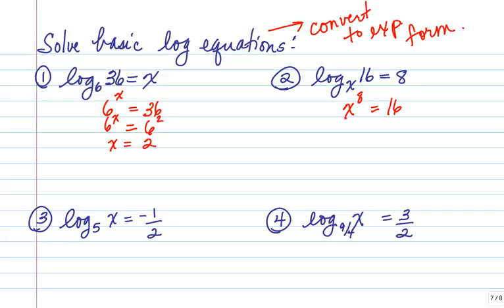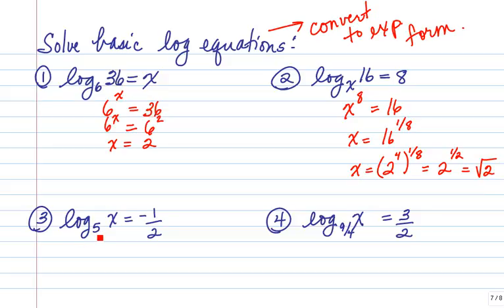So that would be x is equal to 16 to the 1/8 power. And if you want to simplify that a little bit more, you actually can, because 16 is really 2 to the 4, right? And so we can simplify that. 4 times 1/8 would be 1/2. So this could also be written as 2 to the 1/2 or the square root of 2. Okay.